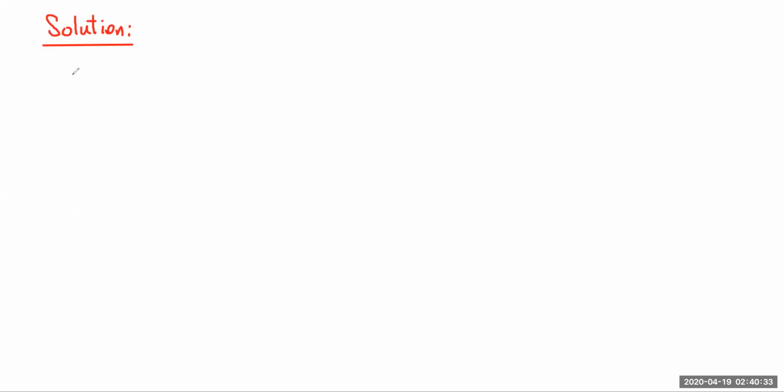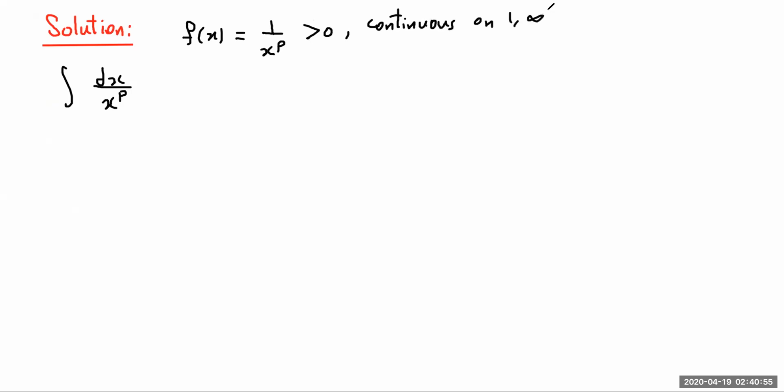So let's calculate the integral of dx over x^b. Let's suppose my function f(x) is 1 over x^b. This function is positive, continuous on the interval from 1 to infinity, and it's also decreasing.